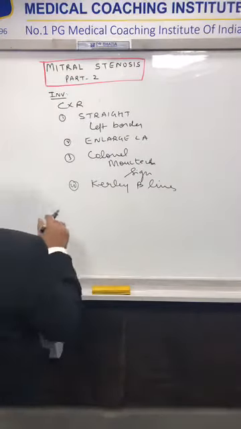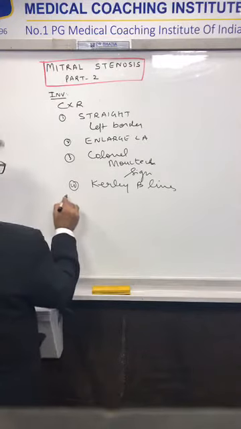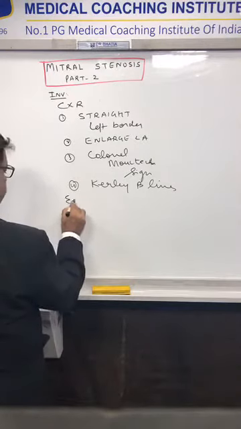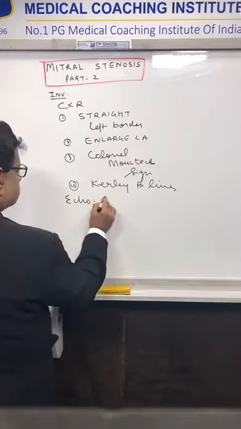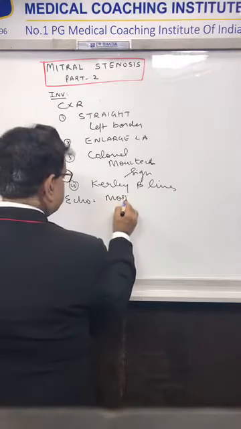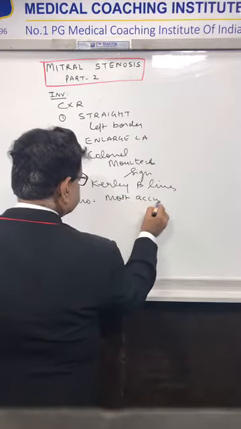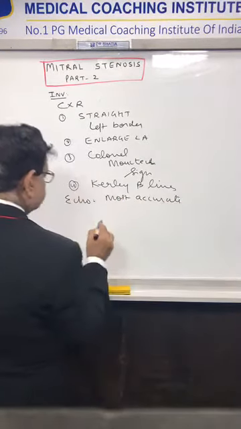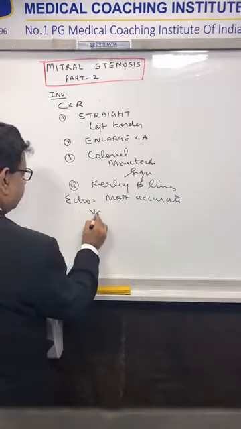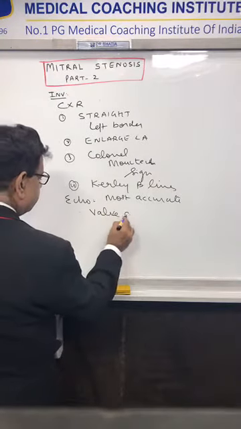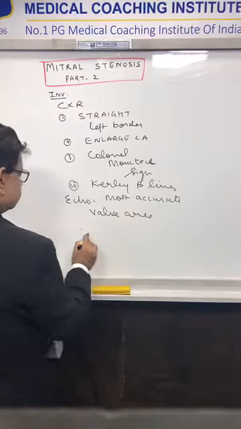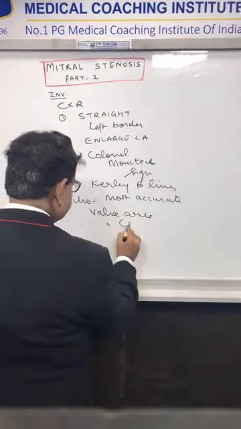Now, what is the most accurate test? It is echo. This is the most accurate test. In this you can see the valve area. You can see valve calcification.